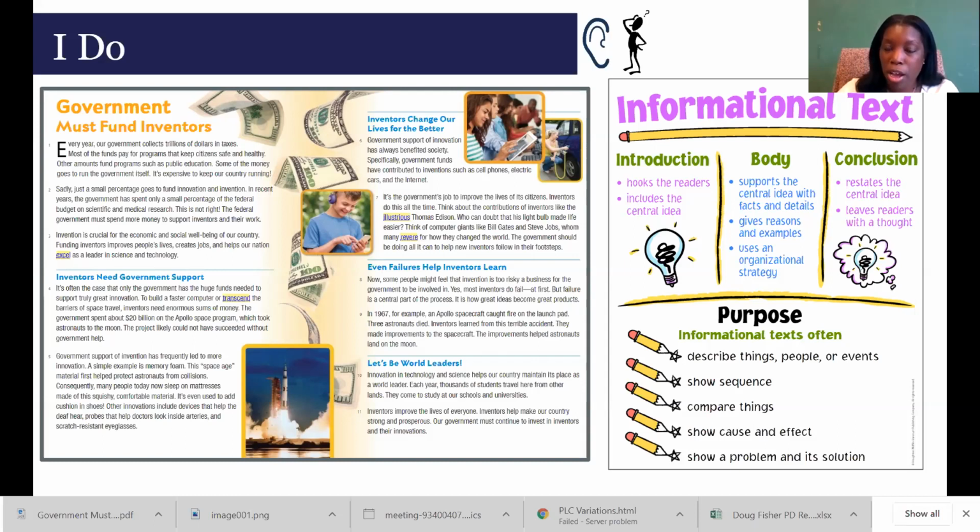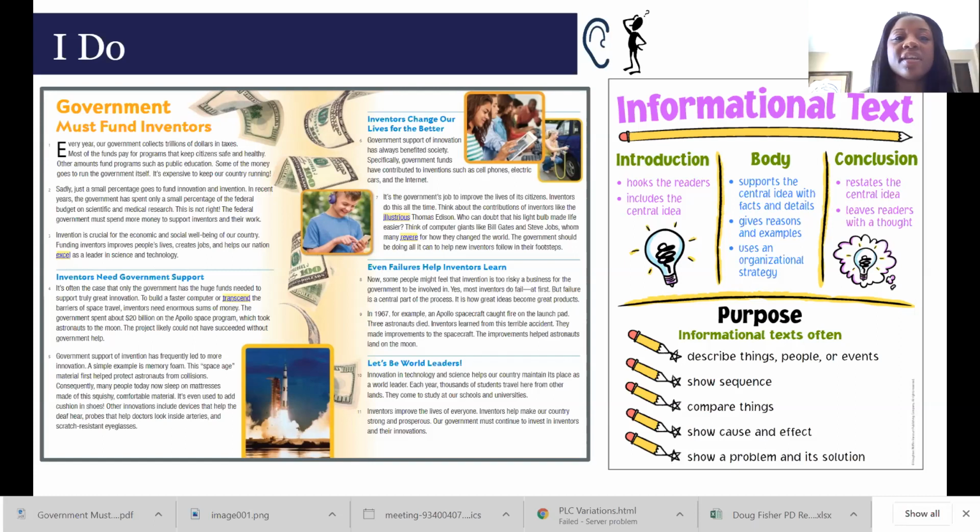So my author is making a claim, stating his central idea, that the government must fund more inventors to help the public be safe and healthy. Now I know that once I start reading through the body and the conclusion, I am looking for key ideas that are going to help me support my claim or my central idea.